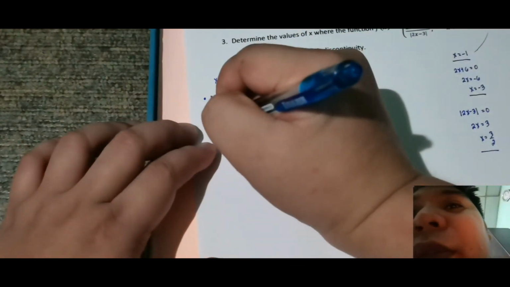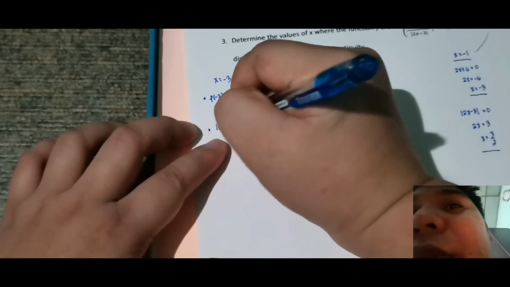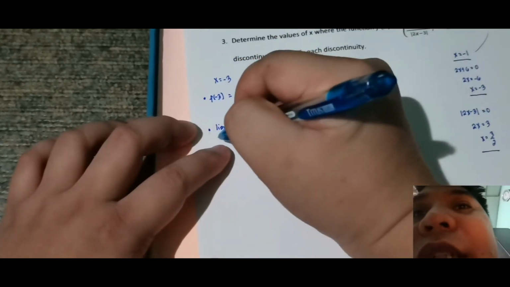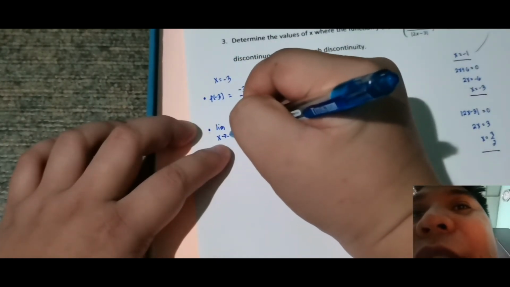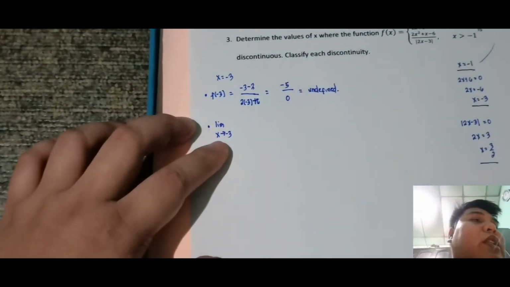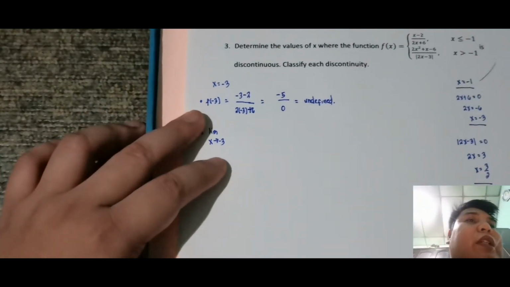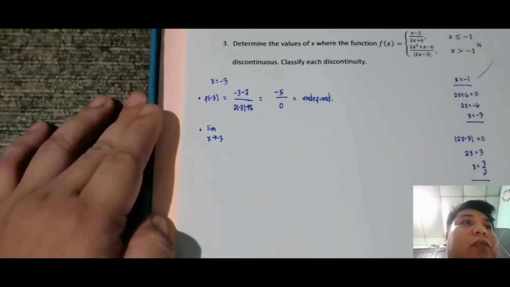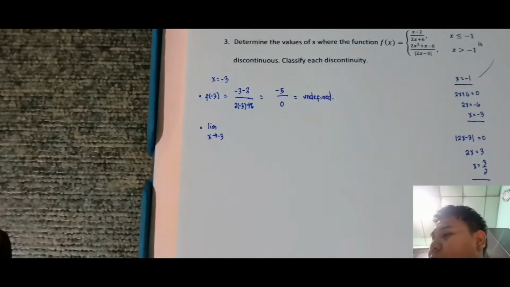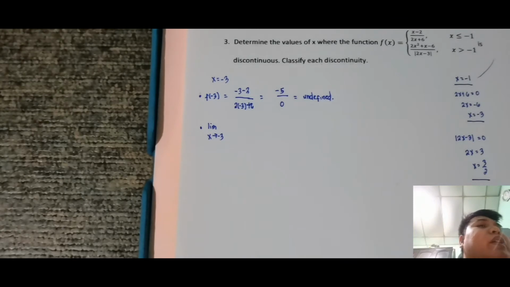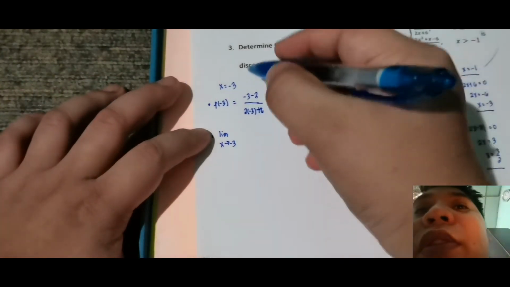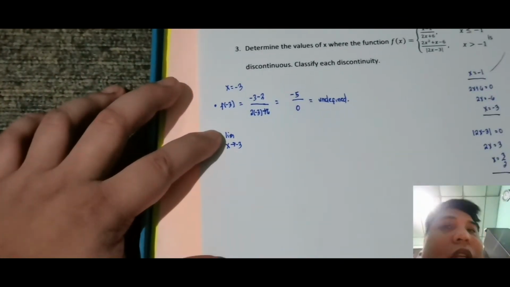So next, yung limit as x approaches negative 3. Hindi natin kailangan dito maghanap ng from the left and from the right kasi nga x approaches negative 3. So possibly sino gagamitin natin dyan? Ang gagamitin natin syempre yung nasa taas, yung x minus 2 over x plus 6. Tama. So factor ko na rin para makita nyo.